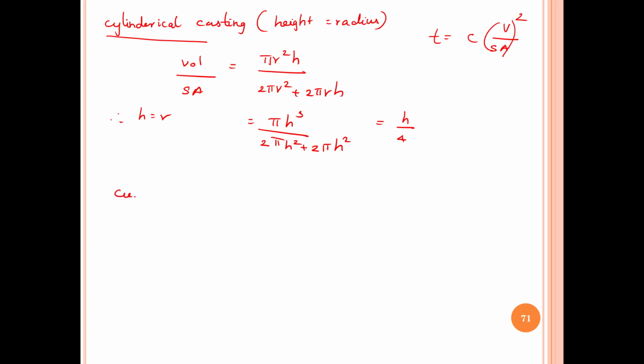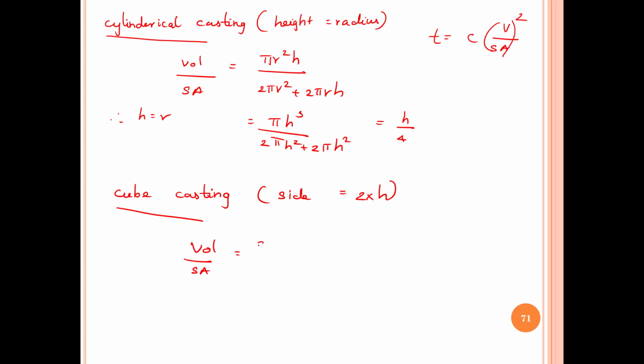For cube casting, what they gave is the side. Side is 2 into h. Here also we have to calculate the volume divided by surface area.